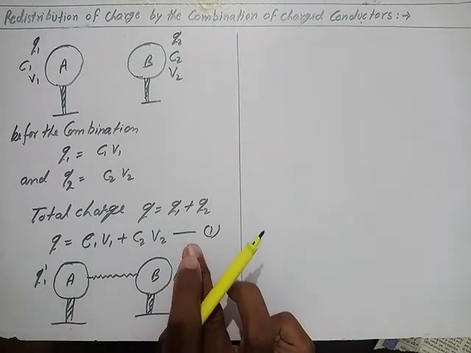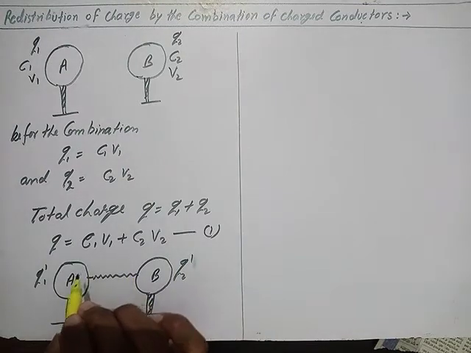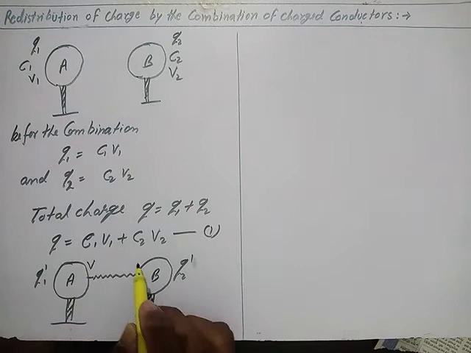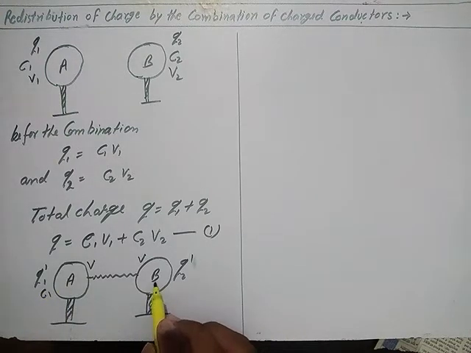In this condition, the potential of the spheres will be the same, V and V, and capacity remains constant, so the capacity of A is C1 and capacity of B is C2.